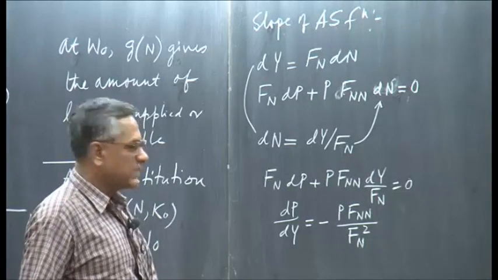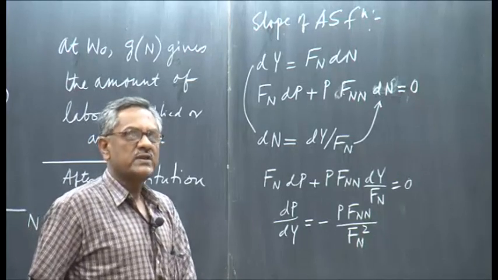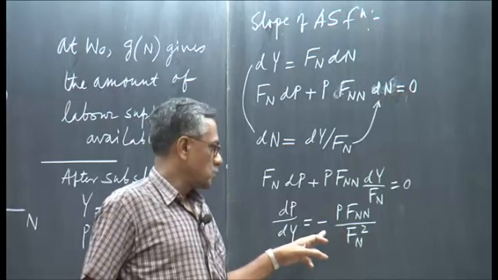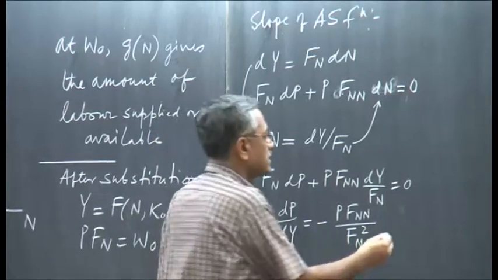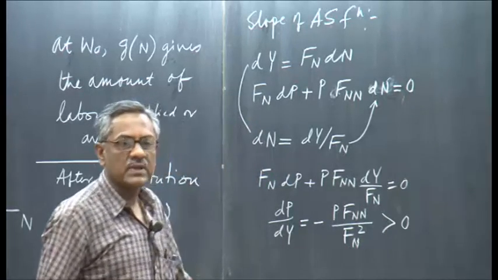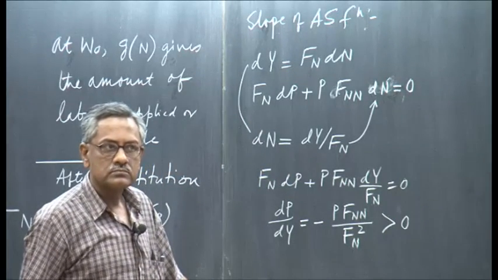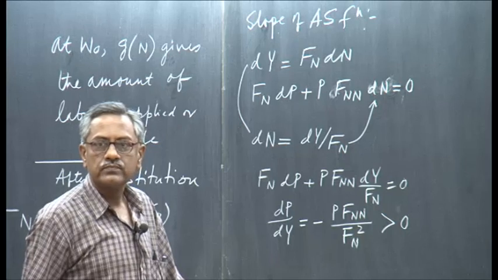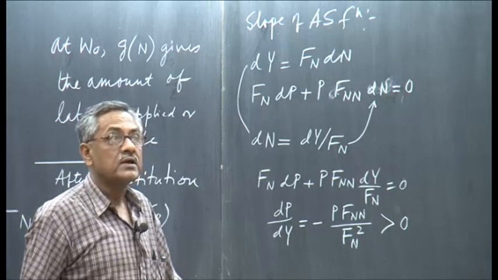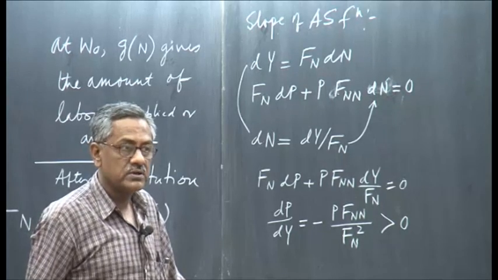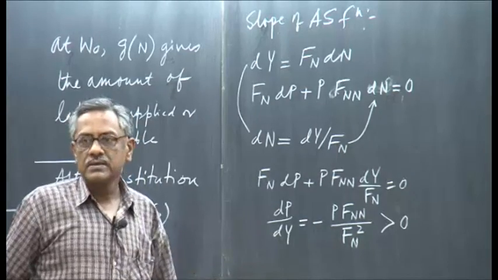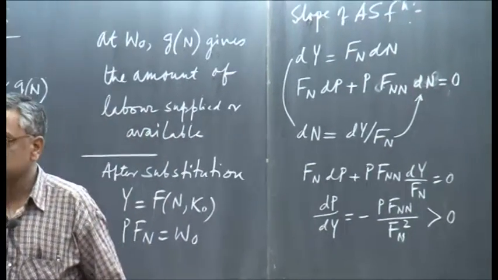Now, you know Fnn is negative, Fn square is a positive term, p is a positive term. With a minus sign, this is greater than 0. So, this is the positive slope of the aggregate supply function that I was talking about, which I diagrammatically obtained in the previous class.